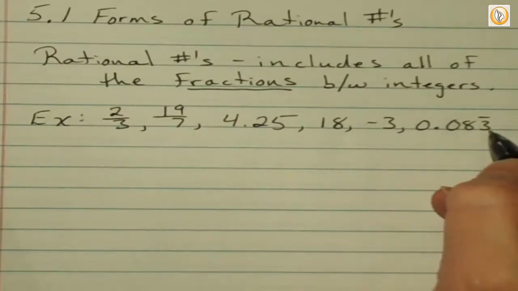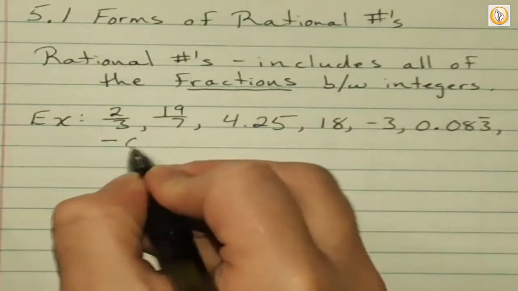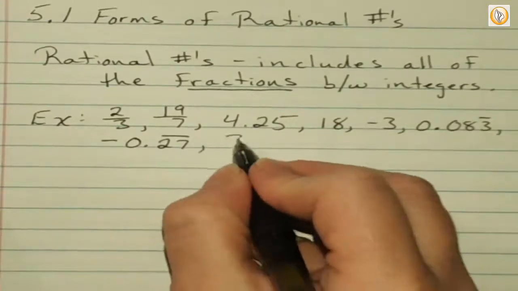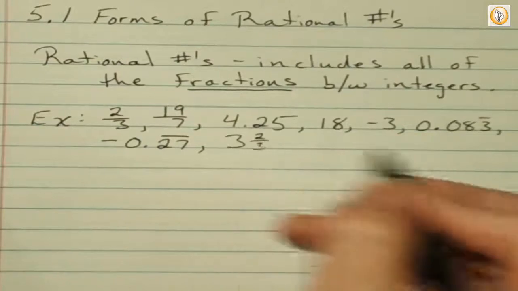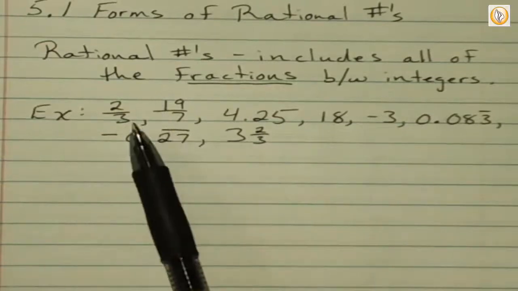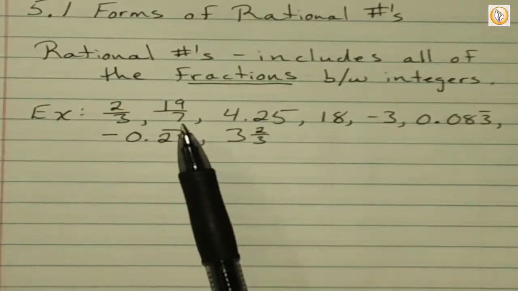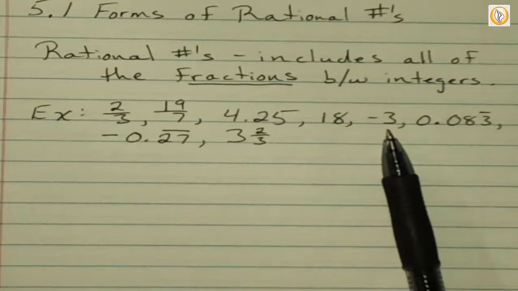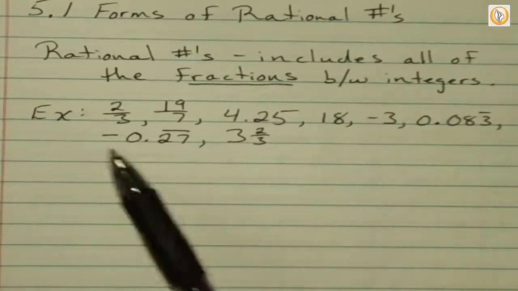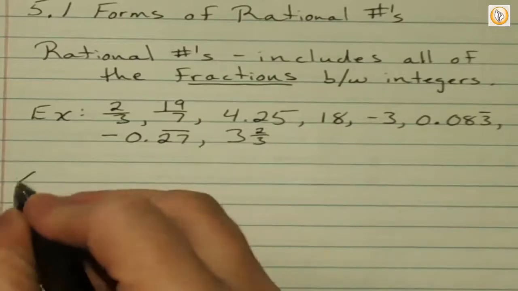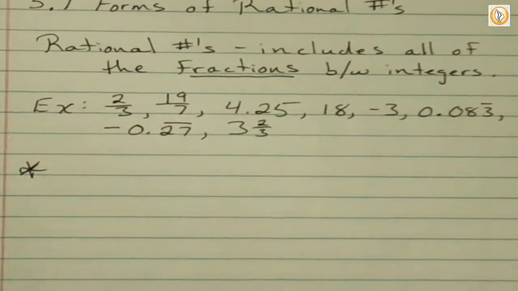You know that little line over the 3 means it's repeating, right? It includes negative 0.27 repeating. It includes mixed numbers. So I've given you an example of rational numbers: regular fraction, improper fraction, a regular decimal, whole number, negative whole number, repeating decimal, a negative repeating decimal, and a mixed number. So make sure you have all those examples written down.